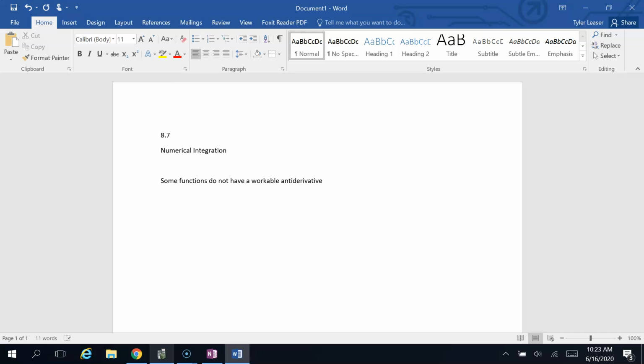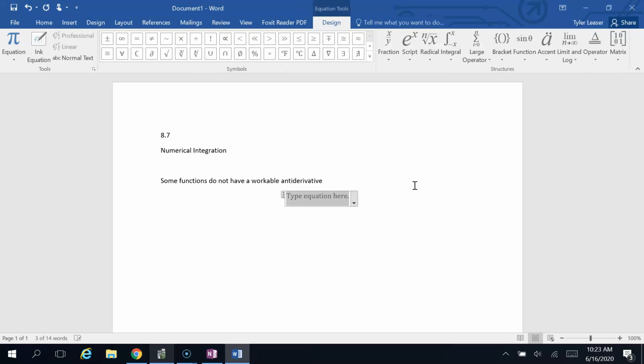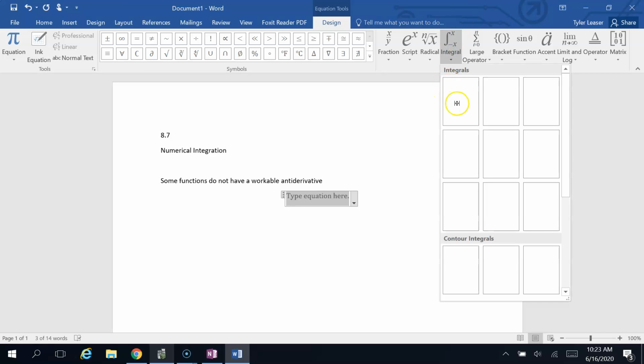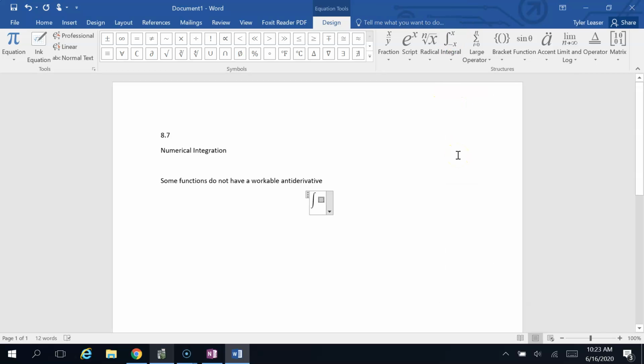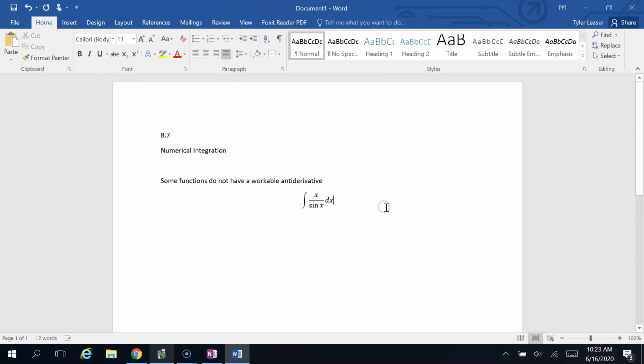There are integrals out there that are impossible to find the antiderivative for. Something like the integral of x over sine x or something like that. I think this does not have an antiderivative. It's been proven that you cannot find an antiderivative. I might be wrong about that one, but just know that there are some that exist out there.